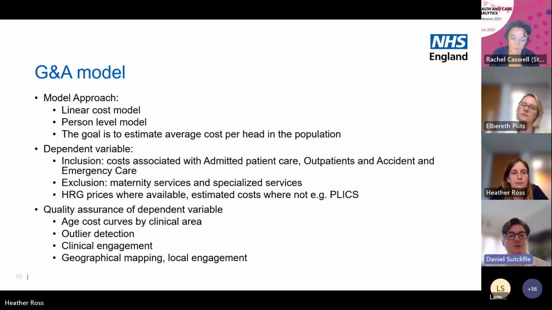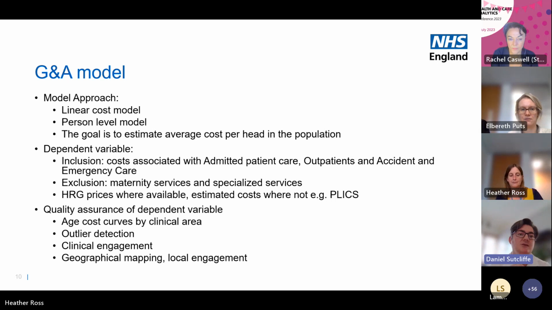I want to talk a little bit about the motivation for a linear cost model approach. One of the motivations is the simplicity in implementation and interpretation, and the tools we have to assess how well the model is doing, so how good a model it is. As you probably all know, in linear regression, the coefficient retains the natural units of the dependent variable.